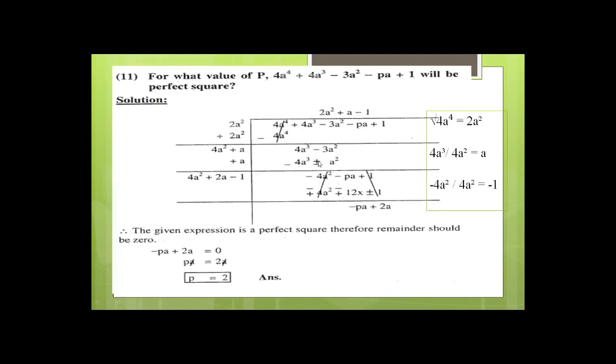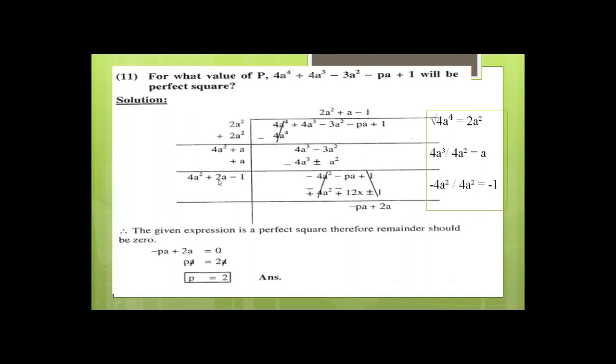Okay, and the inverse of plus is minus. Minus minus plus 3 plus 1 is 4a square, and write the remaining two terms, that is minus p and plus 1. Now at last, you will divide minus 4a square with 4a square. So plus minus minus minus will remain in the answer. So we'll write minus 1 here and minus 1, and now we'll multiply this with minus 1. 4a square multiplied by minus 1 gives minus 4a square.